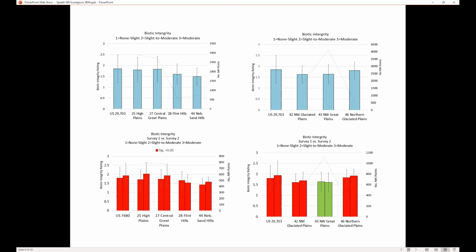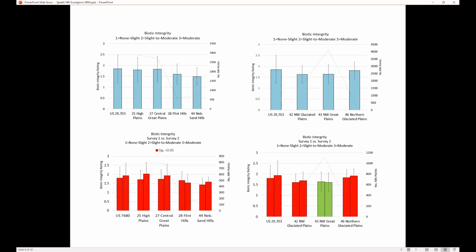So now we look below, and we see what the difference is between a 6-year period. And in the U.S., the bar is rising, which means that we went from, say, a 1.7 to now 1.9, for example. So we're starting to move more into the middle of slight to moderate departure.